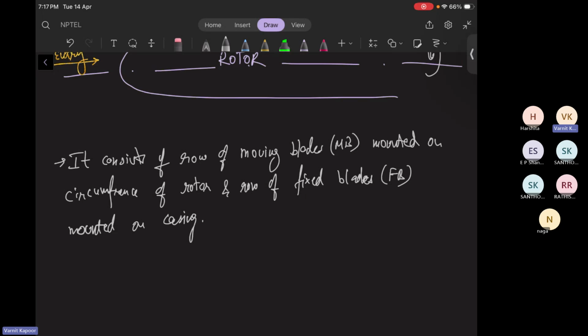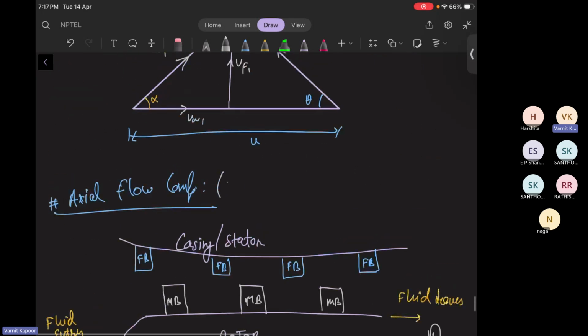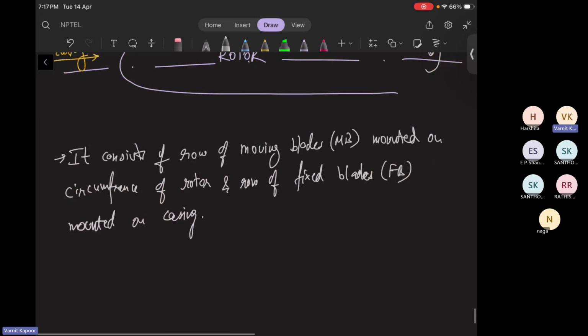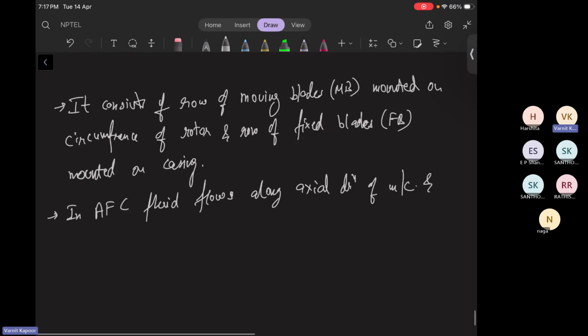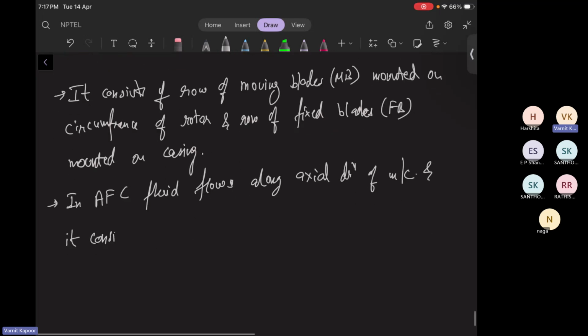In AFC, axial flow compressor, I'm writing the short form, fluid flows along the axial direction of the machine, and it consists of n number of stages.